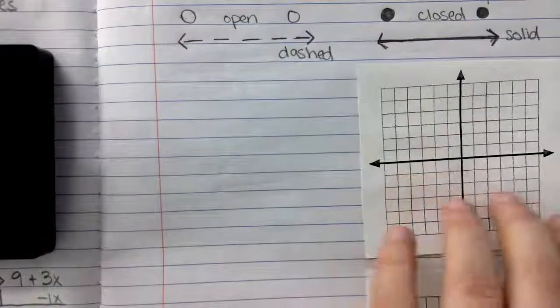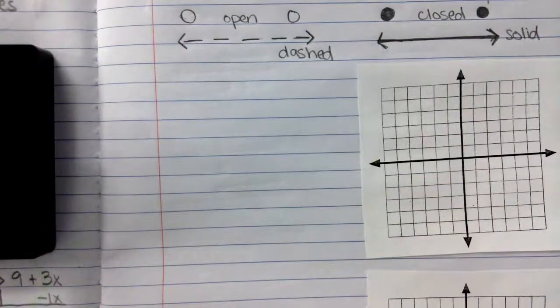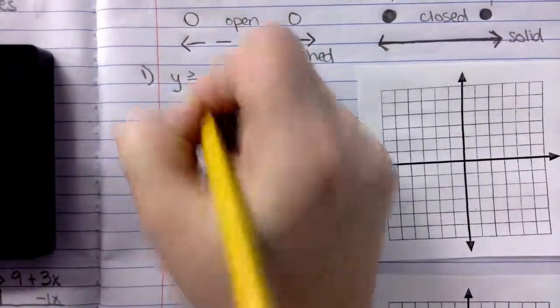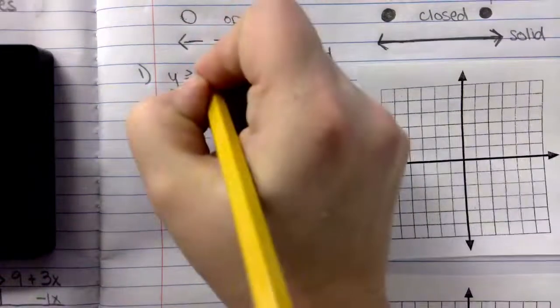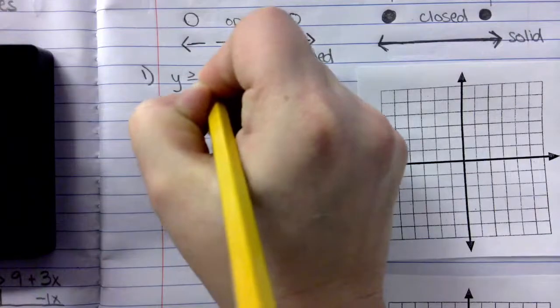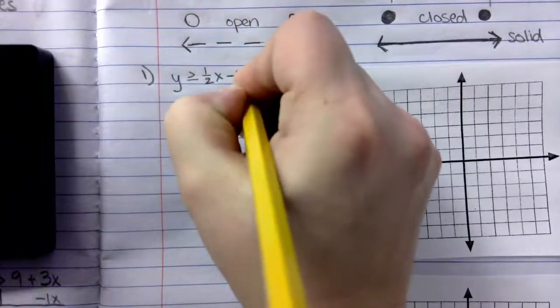We have y is greater than or equal to 1/2 x minus 4. So there's actually quite a few things that we can tell about this line before we even graph it.